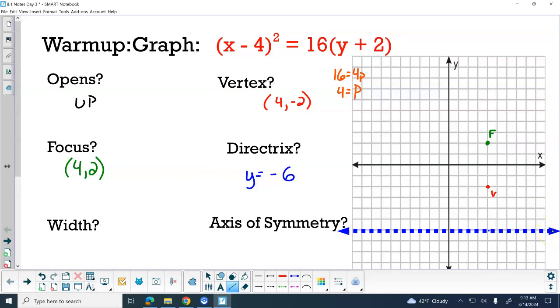My width is going to be 16, which means 8 left and 8 right. For this one, 8 left is real easy to go, but 8 right is kind of off the grid a little bit, so we can't necessarily do that one.